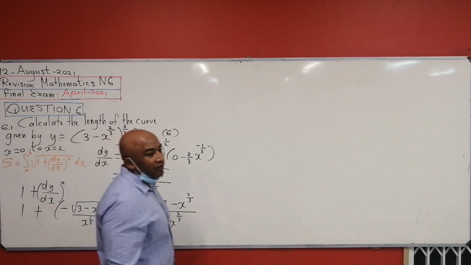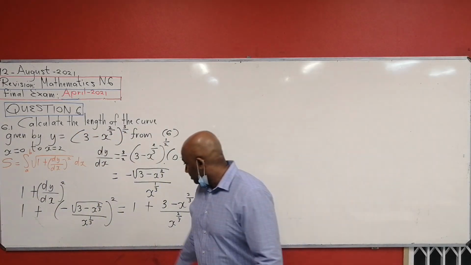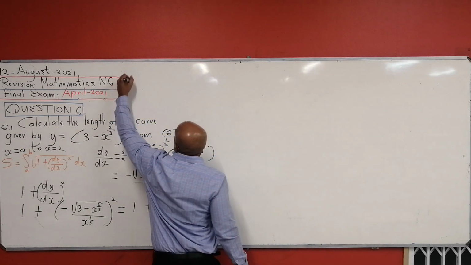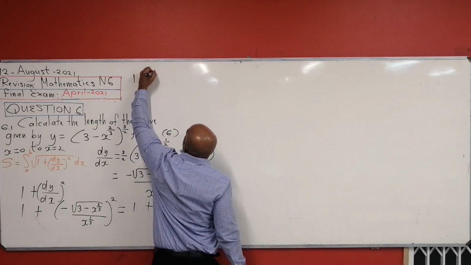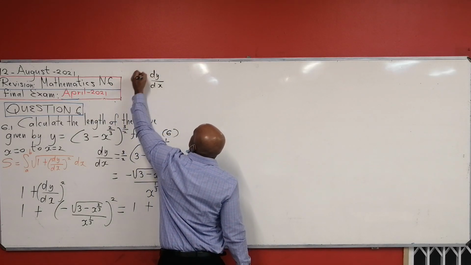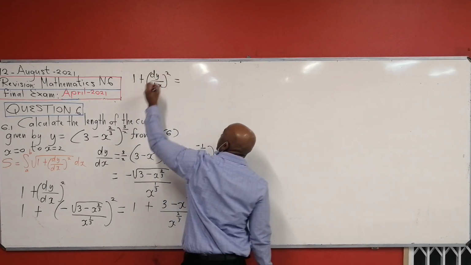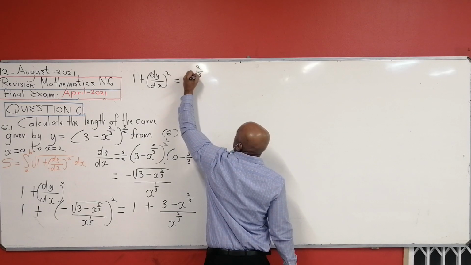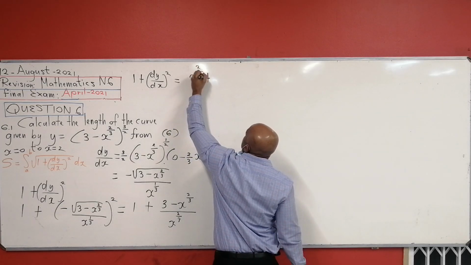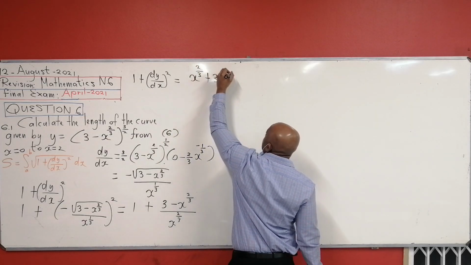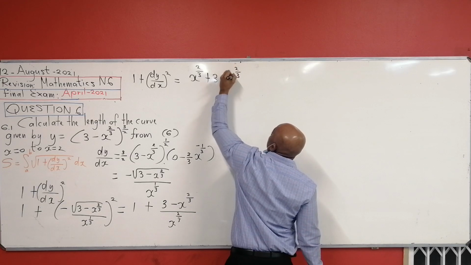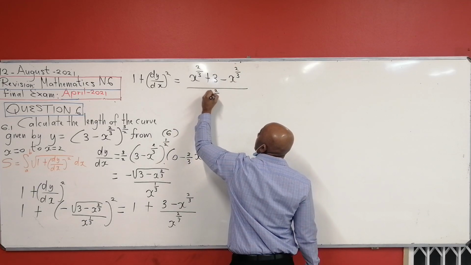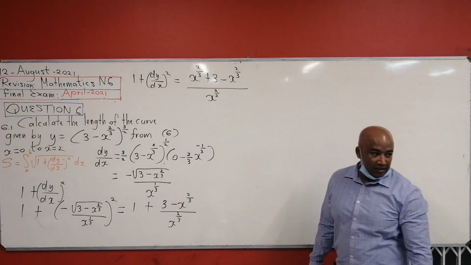Right, now we find the LCD, because we have 1 there. So 1 plus (dy/dx) all squared is equal to x to the power 2 over 3 plus 3 minus x to the power 2 over 3, all divided by x to the power 2 over 3.